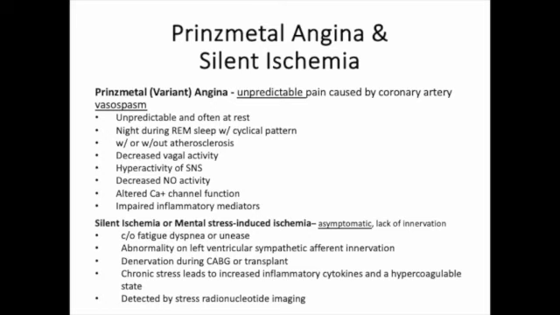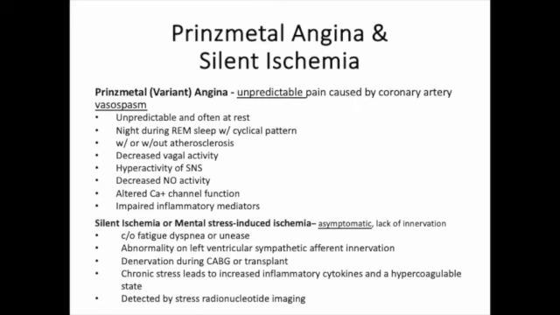Now, it's caused by vasospasm of one or even more of our major coronary arteries, and it doesn't necessarily have to be associated with atherosclerosis. It results from decreased vagal activity, hyperactivity of the sympathetic nervous system, and decreased nitric oxide activity.